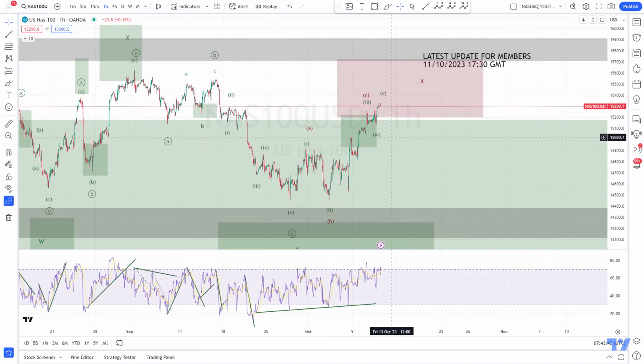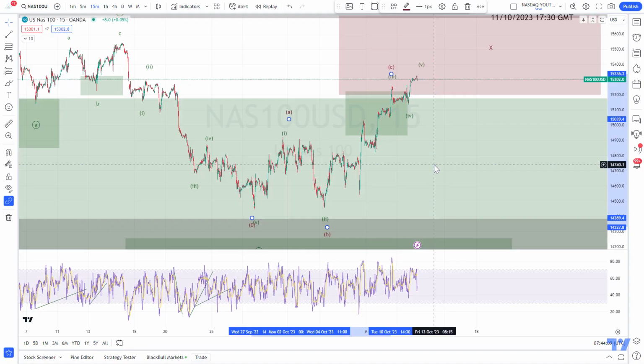Like I told you, so far we only had 3 waves, as in 1, 2, 3 right here. But now it starts to look that we are having a 4th and a 5th wave. We are getting divergence here.